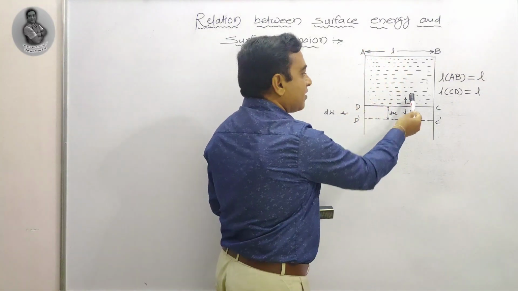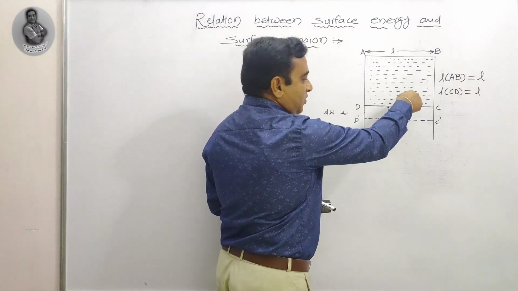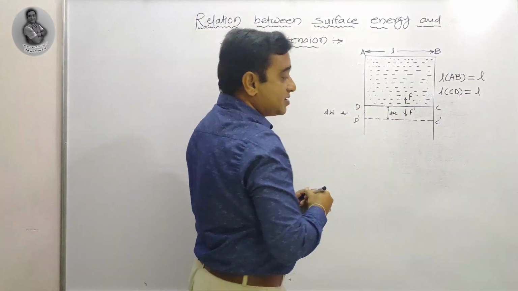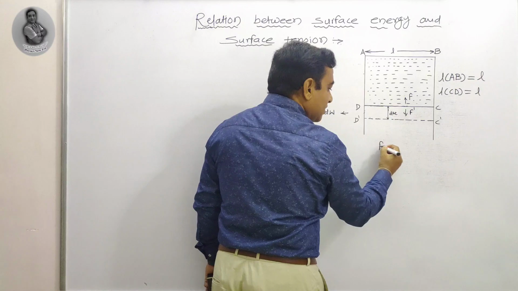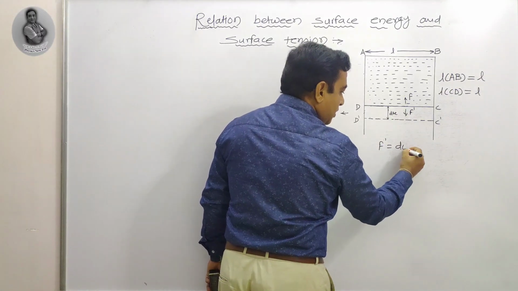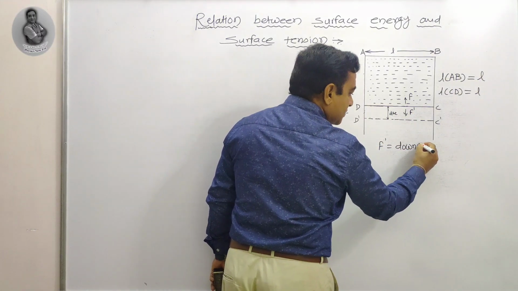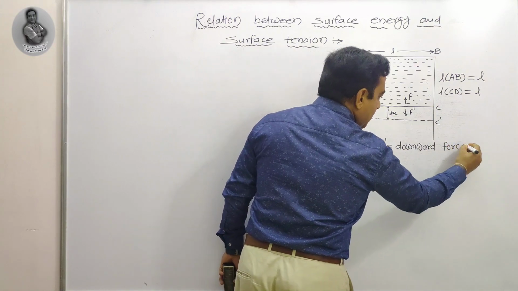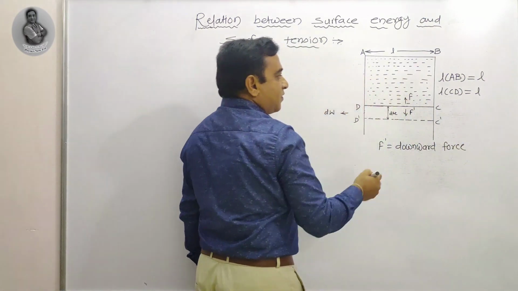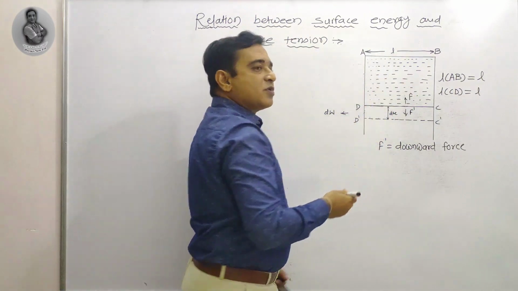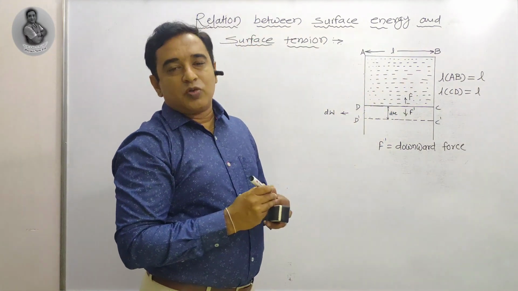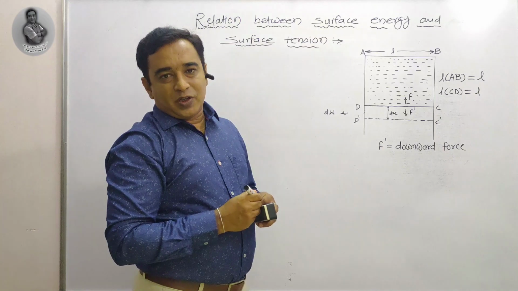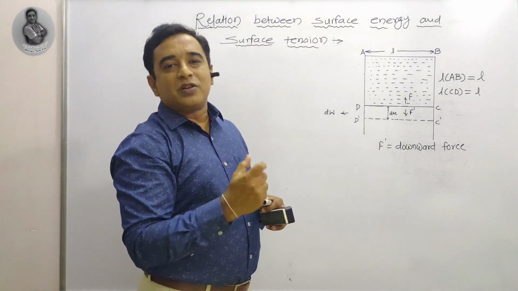And this force is F, the force applied, that is the downward force, we say. And F is a counterbalancing force towards AB due to the cohesive force, so as to regain its original area.